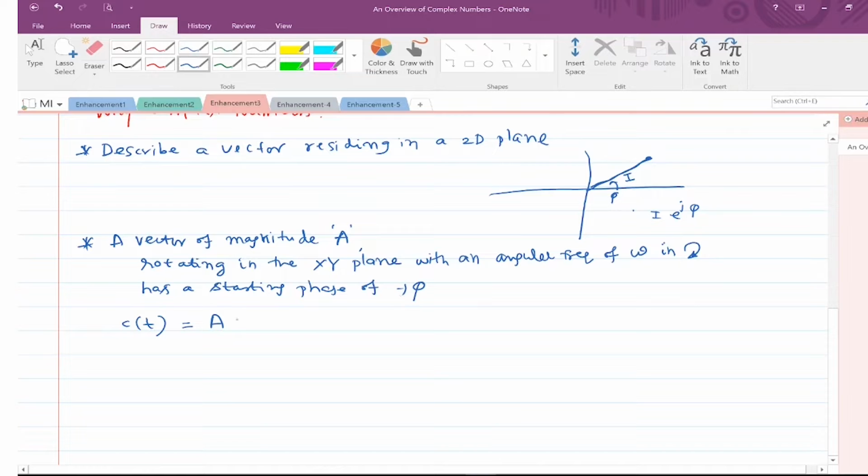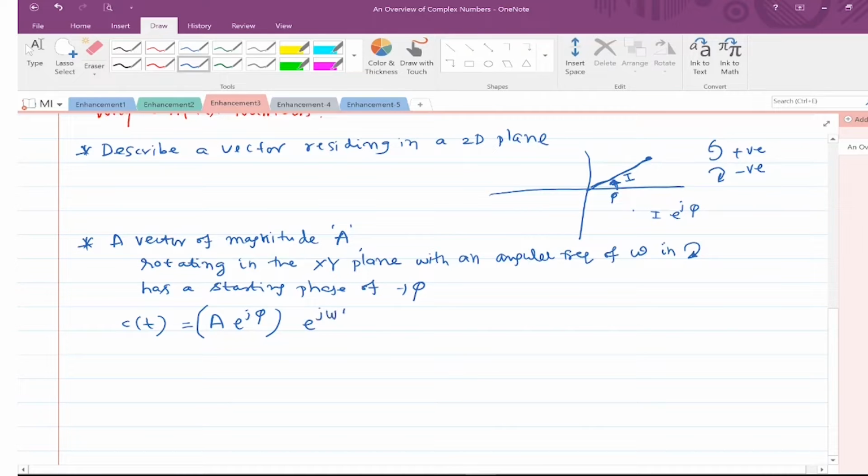So A into e power j phi is your initial value. You could notice here we are considering anti-clockwise as positive. For us this is positive, so obviously clockwise would be negative for us, and it is rotating at an angular frequency of omega over time.